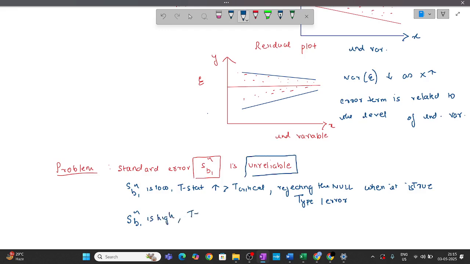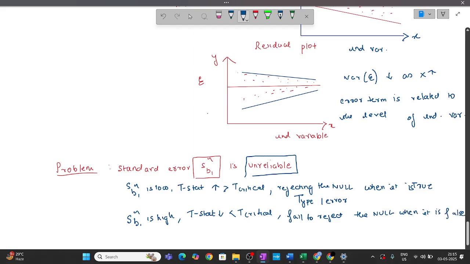In that case T stat is going to be small, maybe less than T critical, and we may fail to reject the null when it is false. Type 2 error.